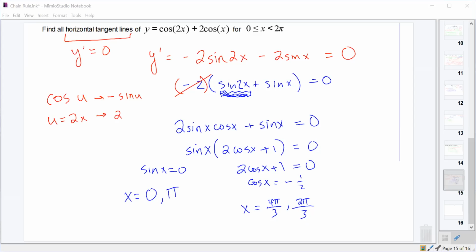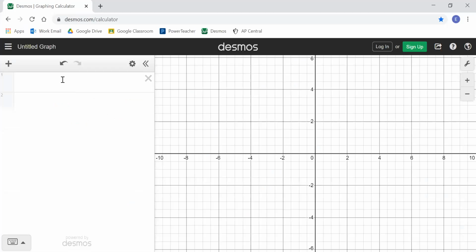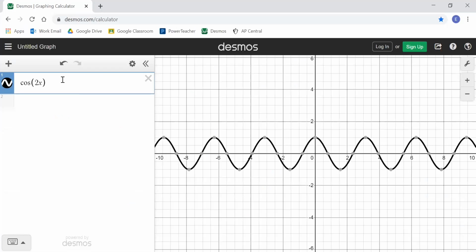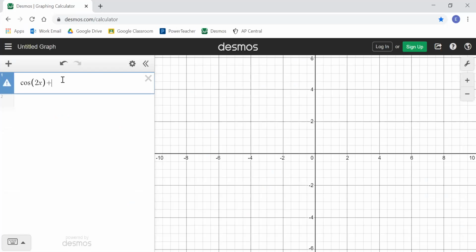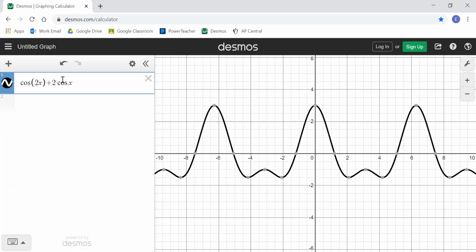Let's take a look in Desmos. What was it? Cosine 2x plus 2 cosine x. So if we look, there should be a horizontal tangent line here at x equals 0, where that local maximum is. There should be another one down here at 2 pi over 3, another one at pi, another one at 4 pi over 3, and then no more until 2 pi.